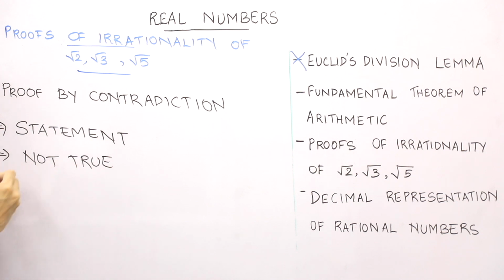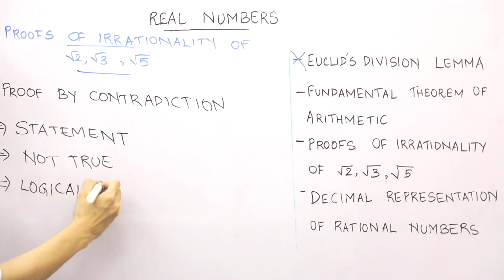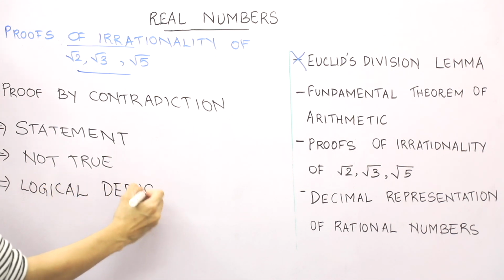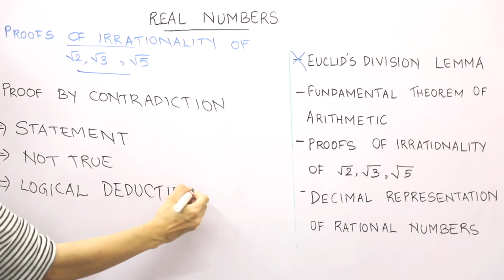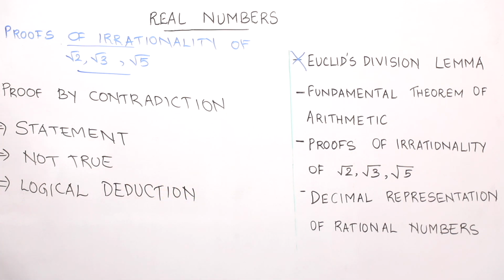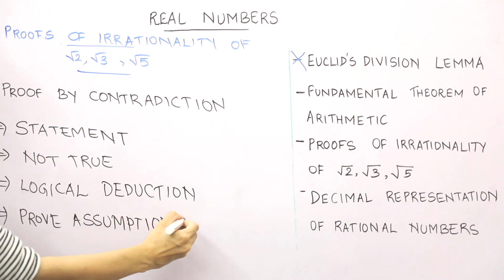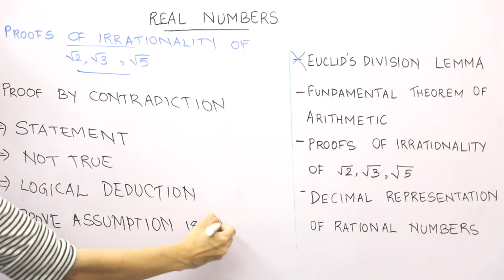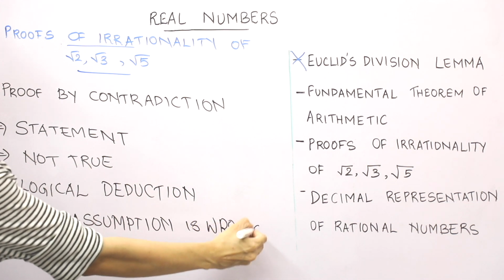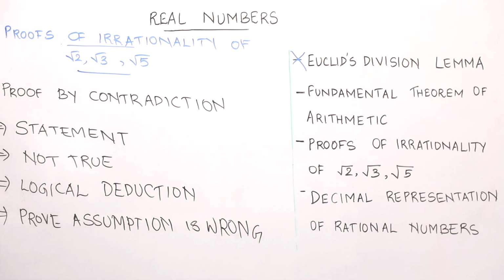Then we will make logical deductions or apply logical rules to arrive at a result which will prove that the assumption that we made initially is wrong, thereby proving that the statement is indeed true.